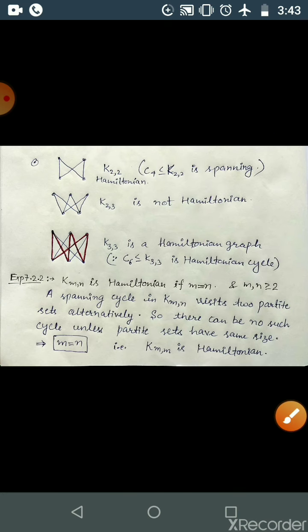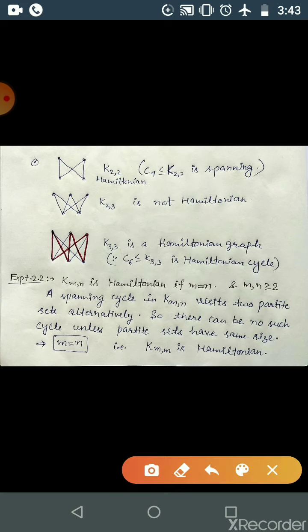Okay, and so on. Here what we discussed: K22 is Hamiltonian, K33 is Hamiltonian. Likewise you will find K44 is Hamiltonian, C8 is there, and K66 is Hamiltonian, and so on. K55 is also Hamiltonian. So KMN is Hamiltonian if and only if M is equal to N, so KMM.